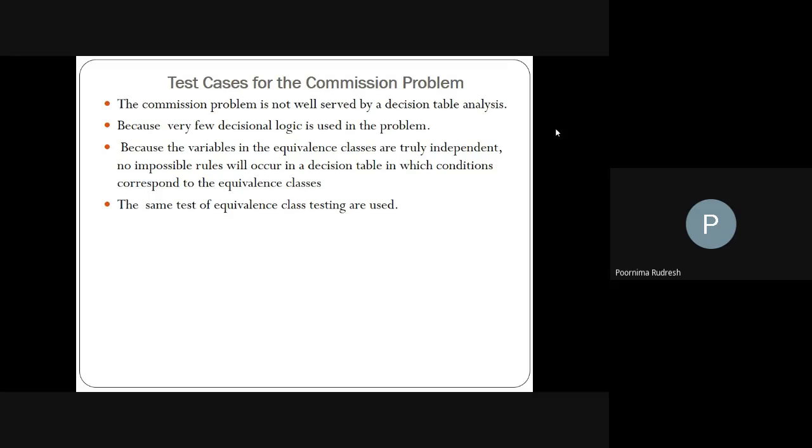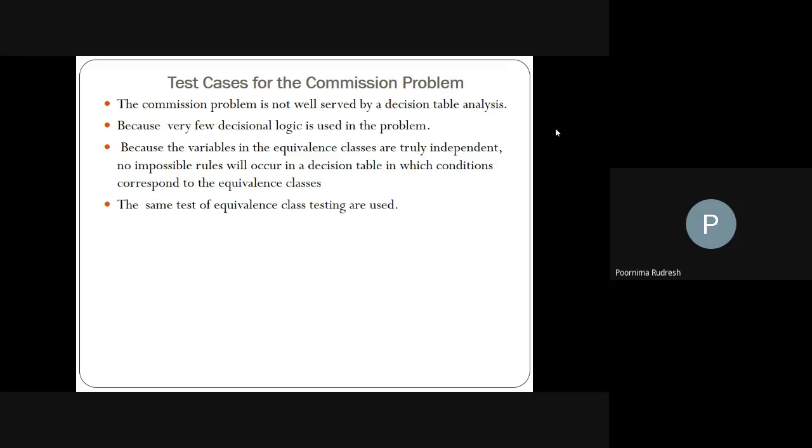Here very little decision logic is used, and because the variables in the equivalence classes are truly independent, no impossible rules will occur in a decision table in which the conditions correspond to the equivalence classes. But if we consider the triangle problem or the next date problem, a number of impossible rules or impossible cases occur, but in the commission problem they do not.